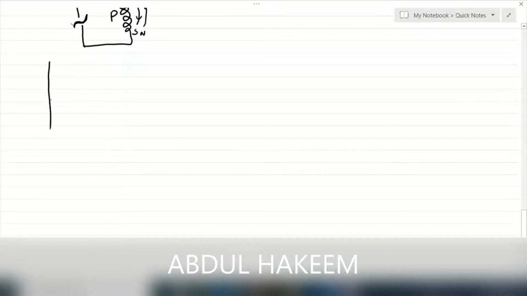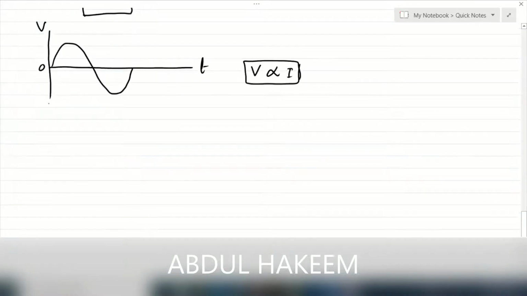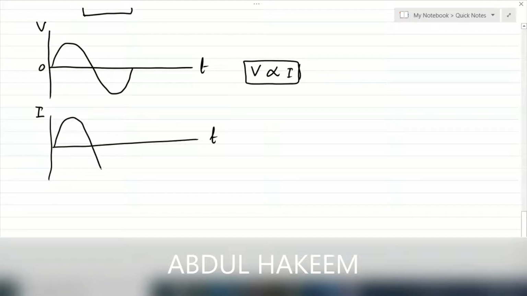So the voltage supplied to this is alternating, like this, a sine wave. Now, according to Ohm's law, voltage and current are directly proportional to each other, meaning the graph for the current and the voltage will be the same. So this is the voltage provided to the primary coil and this is the current in the primary coil.